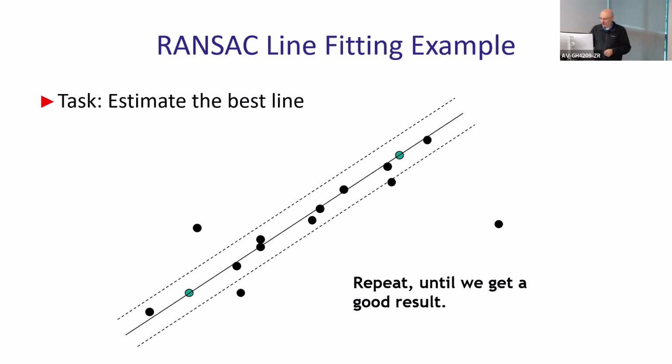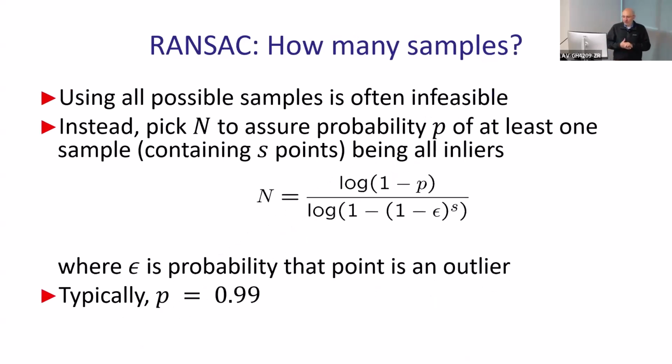We're just trying to fit different kinds of functions to a bunch of points. Now, the question becomes how many times you need to randomly sample that. Okay, and here again, very surprisingly, we have an analytical formula to compute that. So let's say your model requires S points to build the model uniquely. In the case of a single straight line, it's just 2 points, right?